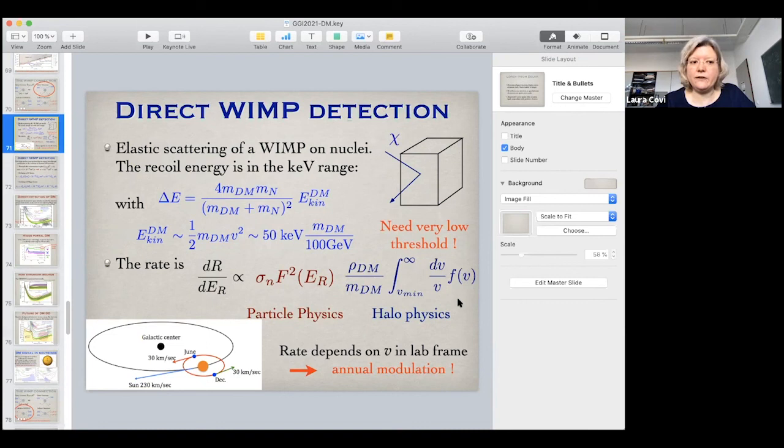And this, of course, shifts a bit the limits that we have at the moment. And in principle, there have also been proposals for how you could extract the distribution of the velocity once you would have a sufficient number of data. This, of course, is not yet possible because at the moment we have only limits and not really an observation of the dark matter.